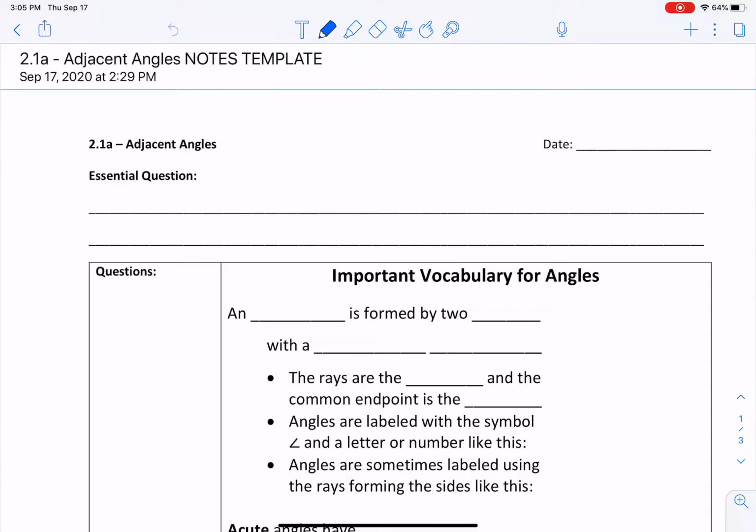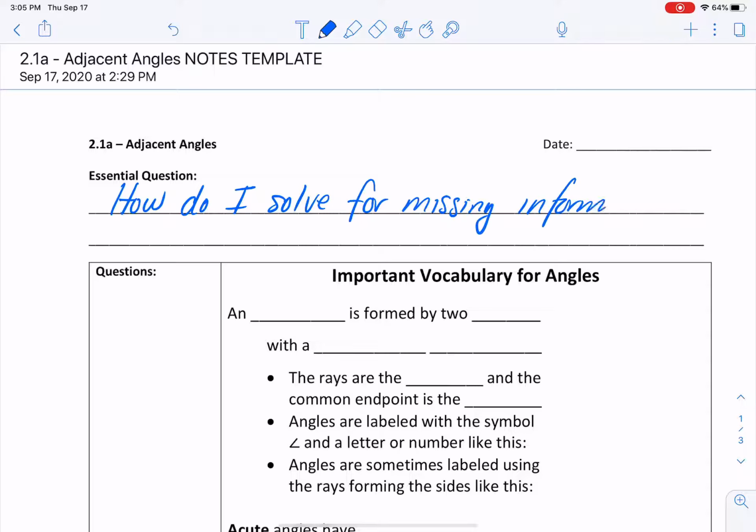Okay, today is 2.1a, adjacent angles. And our central question is, how do I solve for missing information using adjacent angle properties?